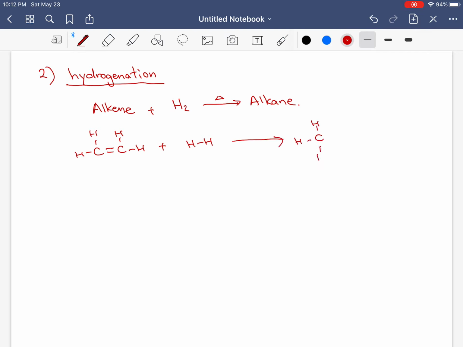Here's your alkene. Here's your ethane. So the same thing would apply if you have multiple double bonds. You have to look for whether I have 1 mole of H2, or this is in excess, where multiple double bonds can be cleaved by H.